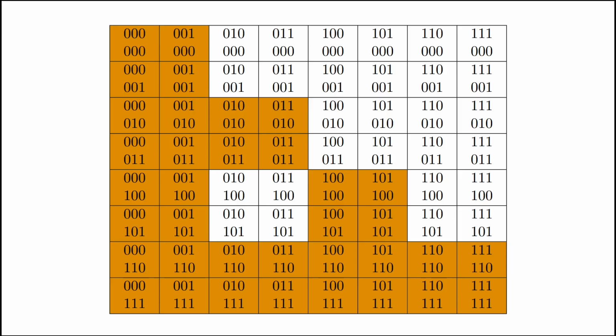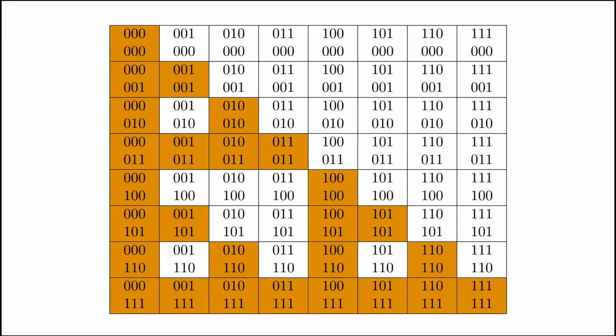It would also remove the top right quarter of the top right quarter, but we've already removed that. And finally, let's unhighlight pairs where the third digit of x is 1, but the third digit of y is 0. These are the top right quarters of each of the tiny boxes we had before, the quarters of quarters, and the result is a shape that might look familiar. It's a discrete approximation of the Sierpinski triangle.